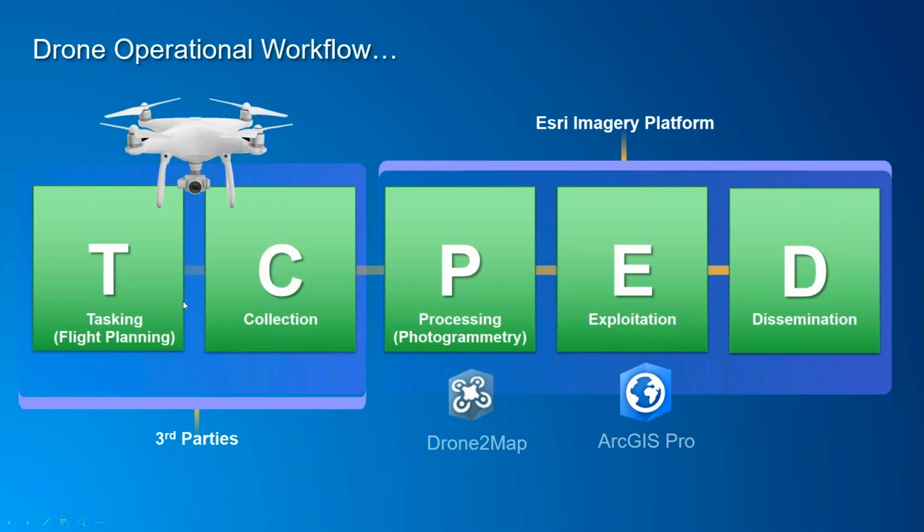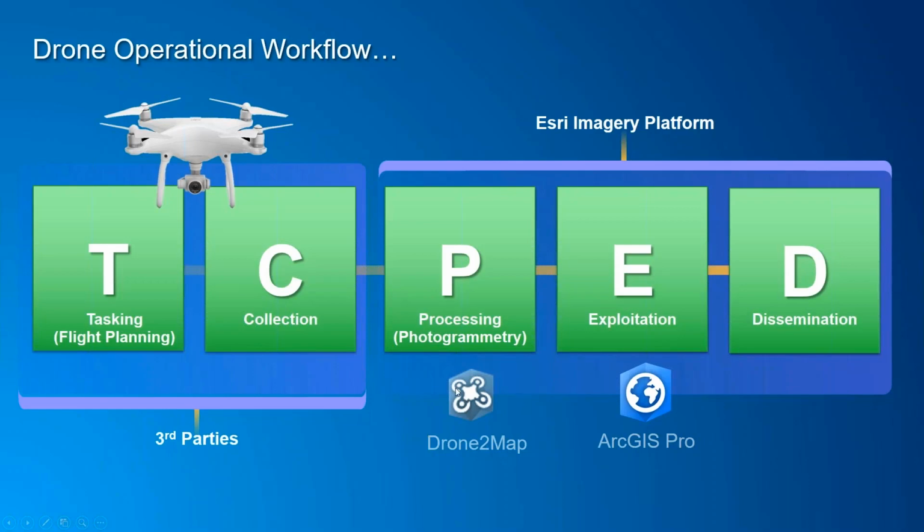These first two steps are not capabilities or products that are built into Drone to Map or ArcGIS. These are steps that we leave up to our partners or third-party vendors. The manufacturers of the drones create their own flight planning software, for example. Once you get into the processing side of things, this is where the ArcGIS products come into play.